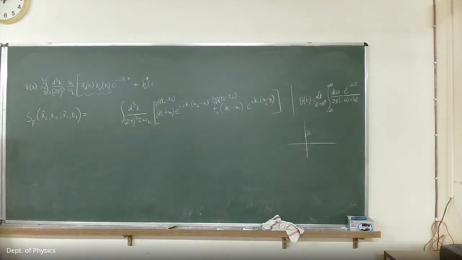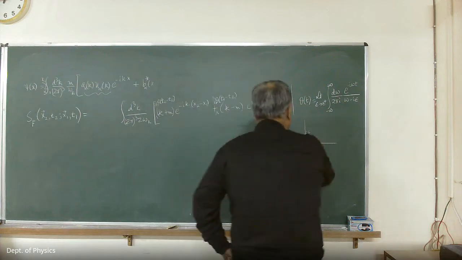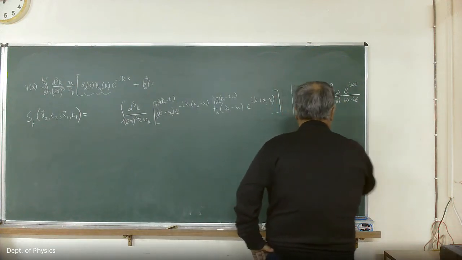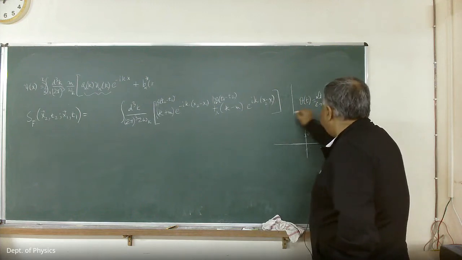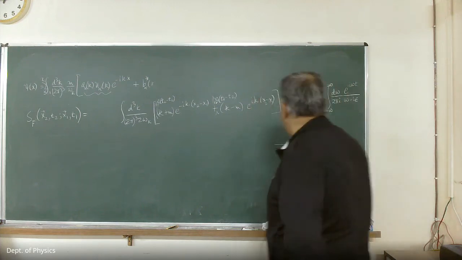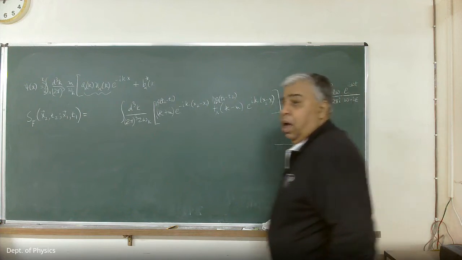If you want to calculate this integral, you have to pass along the real line and then ask the question, which semicircle should I close it, the upper half or the lower half.